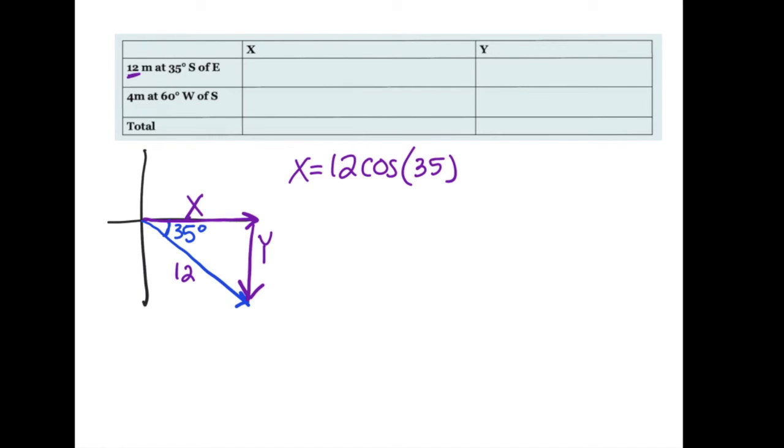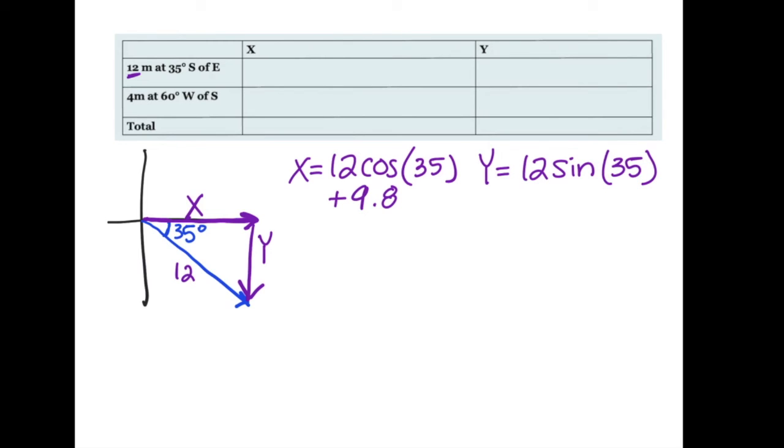When we type that in the calculator, we're going to get 9.8. And we are going to leave this as a positive number because the X vector is going in the east direction and we assign east as positive. Right? For the Y vector, it's going to be the hypotenuse of 12. And this time we're going to use sine instead of cosine because Y is opposite of our angle. So it's going to be sine of 35.